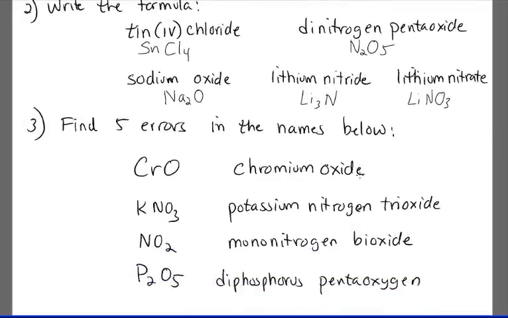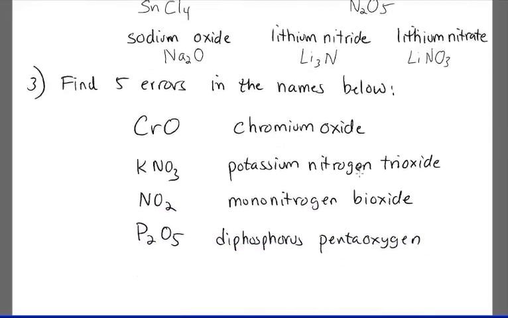Okay, and finally, look at these proposed compound names in number 3, and there are 5 errors in these names. So stop the video, see if you can find all 5, and then I'll let you know what they are. All right, so in the first one, the problem is that chromium is an element that has more than 1 charge, so we know that it could be a 2 or a 3, but if it's 1-to-1 with oxygen, it must be a 2.